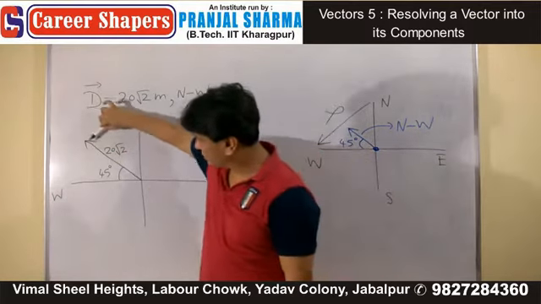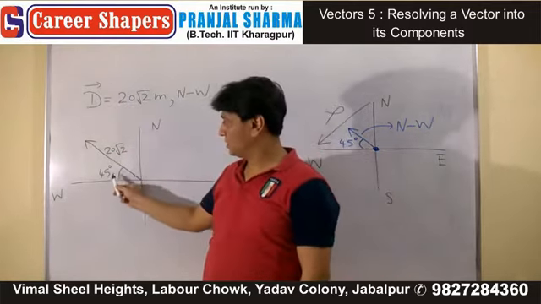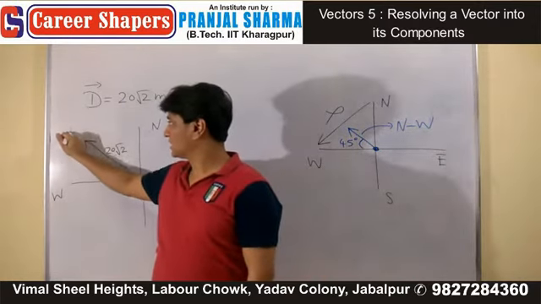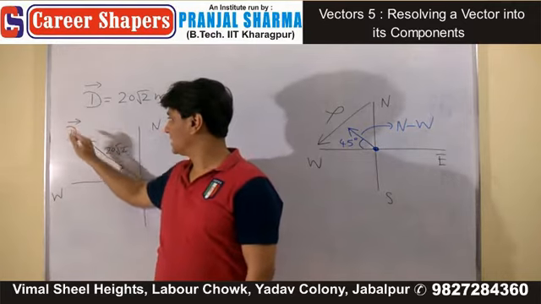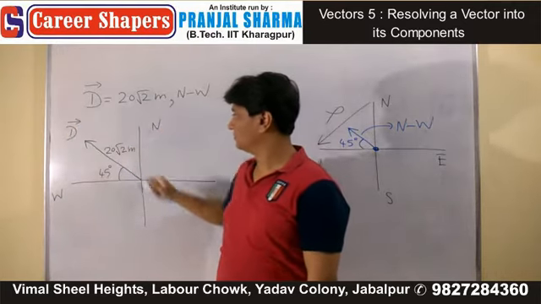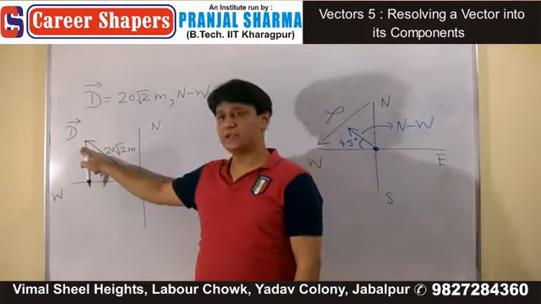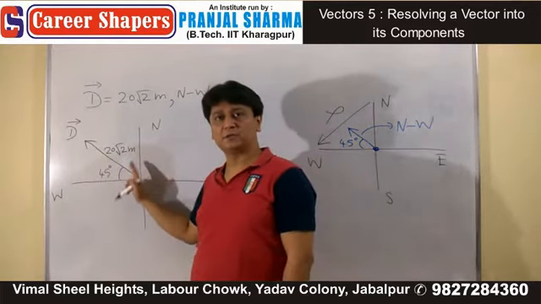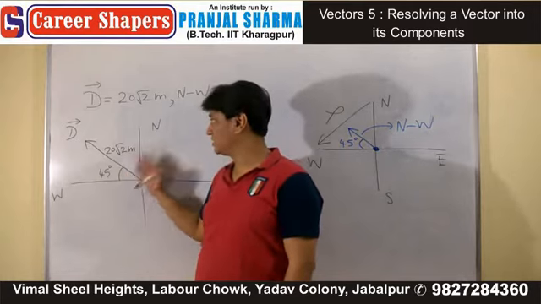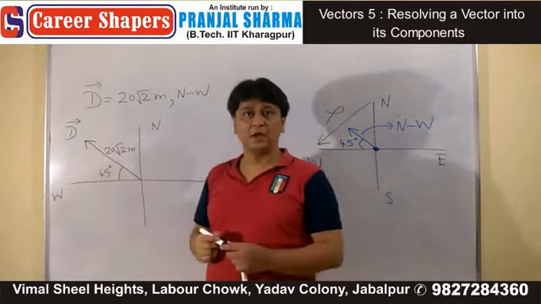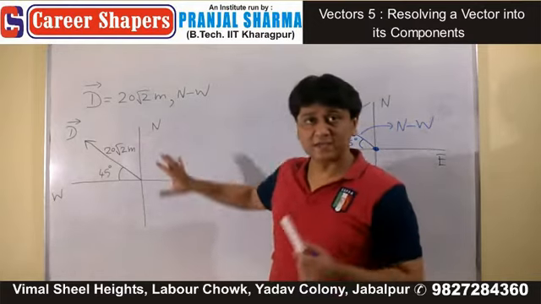Angle is 45 degrees. For us, it represents D vector. An arrow of length 20 root 2 meters at an angle of 45 degrees exactly between north and west is D. Now, what does it mean?